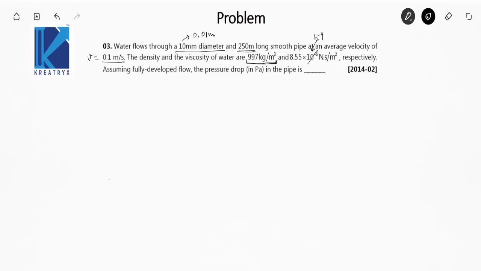Same as the previous question, the concept is the same again. So how can we check whether the flow is laminar or turbulent? We can check it by Reynolds number. Reynolds number is equal to rho Vd by mu. Rho is 997 kilogram per meter cube. Velocity is 0.1 meter per second. Take care of the units. Into d.